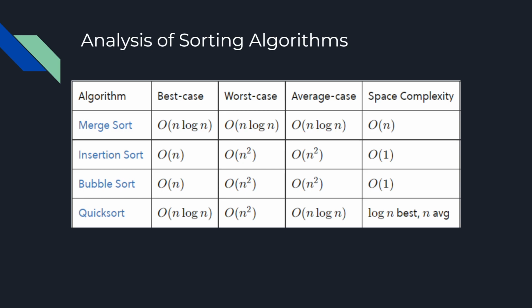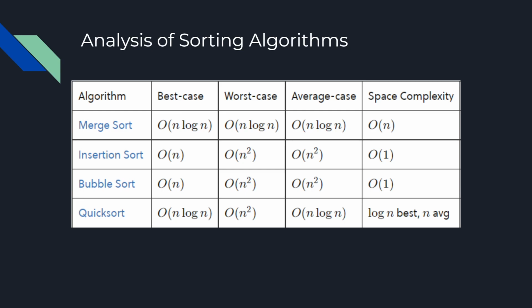So if we look at the first sorting algorithm, we can see that merge sort has an n log n best case, n log n worst case, and n log n average case, with a space complexity of O of n. That's different from insertion sort, which is going to be the same as bubble sort but different from quick sort. And so it's important to use this graph to understand which sorting algorithm might be best for you.